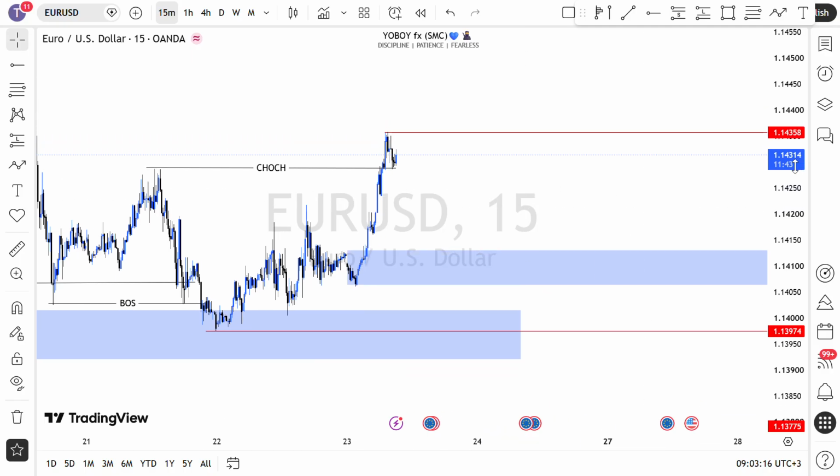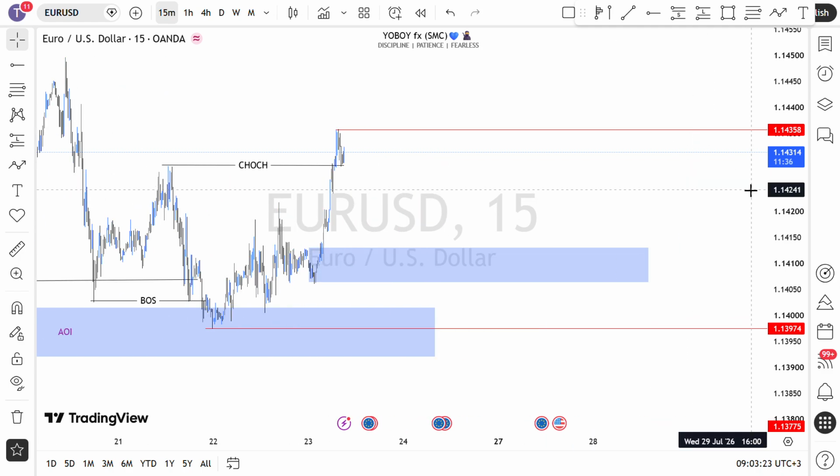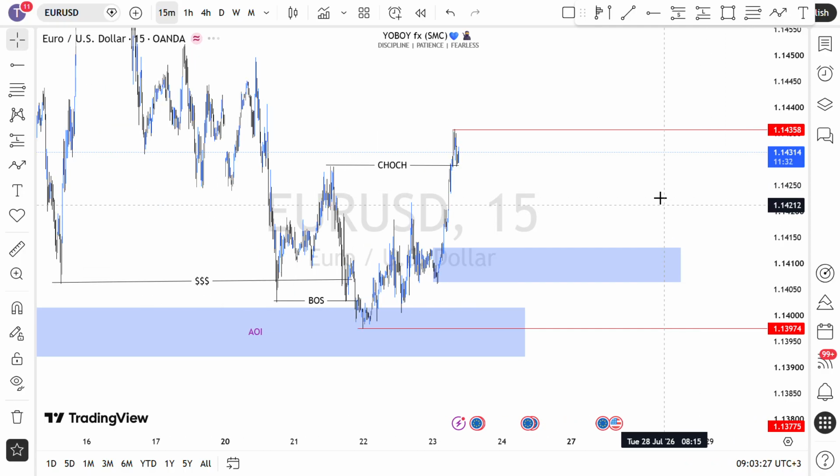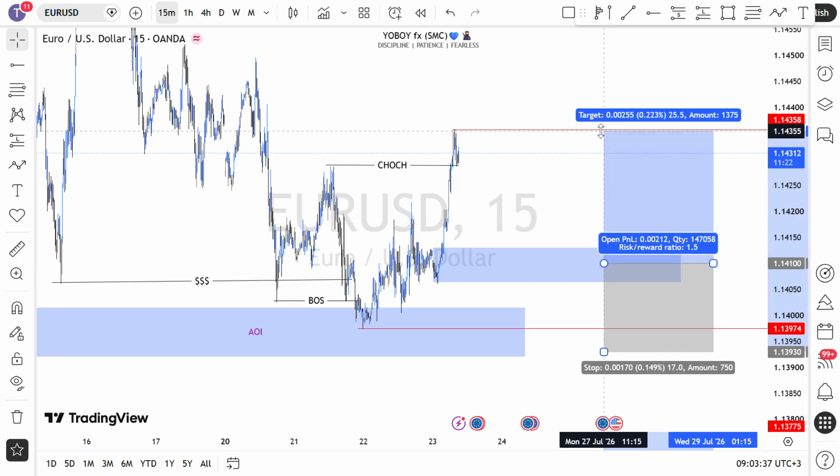So that's a simple example of market structure and top-down analysis. Remember how we have mapped our area of interest from a higher time frame, from a monthly time frame, and now we are going to wait for our entries from this area in the 15 minutes time frame.